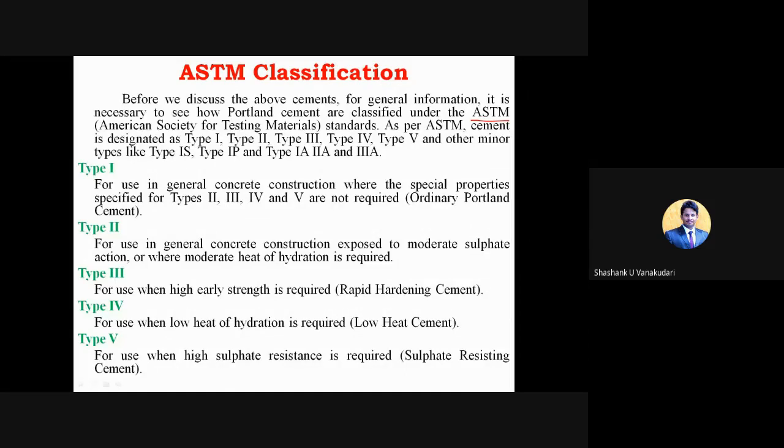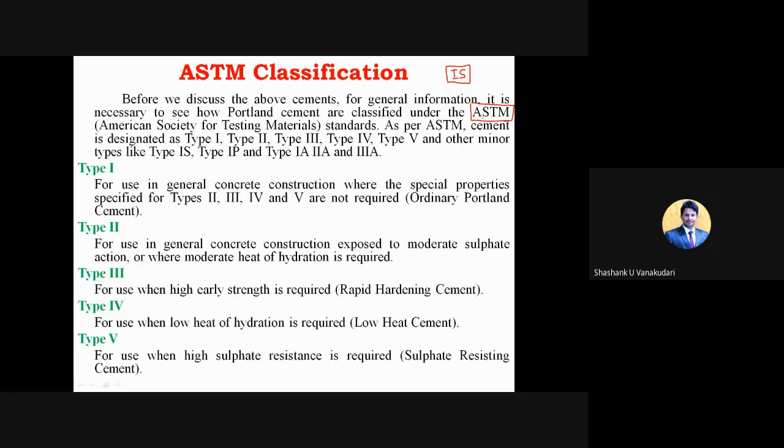ASTM stands for American Society for Testing Materials. Our own country follows the Indian Standard code books, but throughout the world they refer to ASTM as the standard code books.